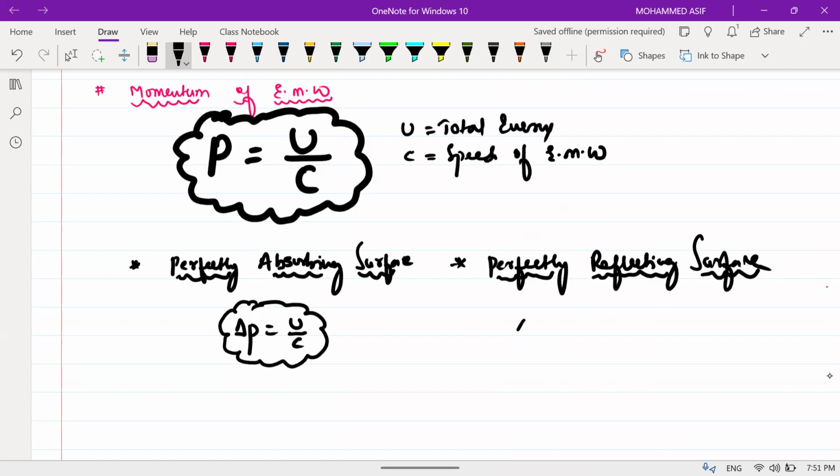In that case, the change in momentum will be 2U divided by C. I told you this in the dual nature chapter. Am I clear?